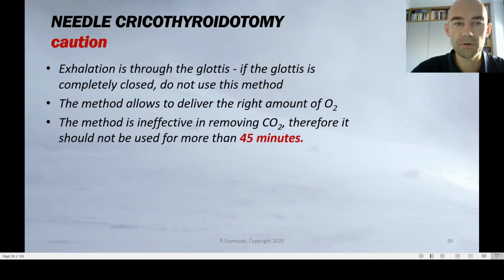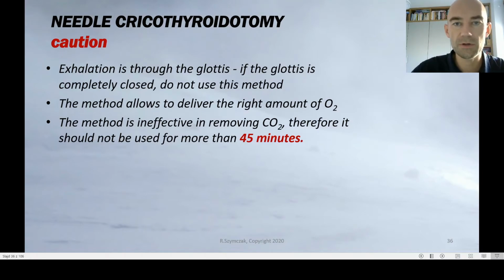Be careful because the exhalation in this method is through the glottis. So if the glottis is completely closed, then there is no way that the air can get out, and if you will not notice it, then the barotrauma will happen. Okay, so do not use this method if the glottis is totally closed.